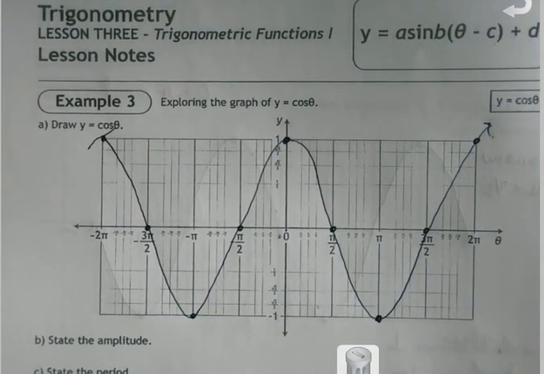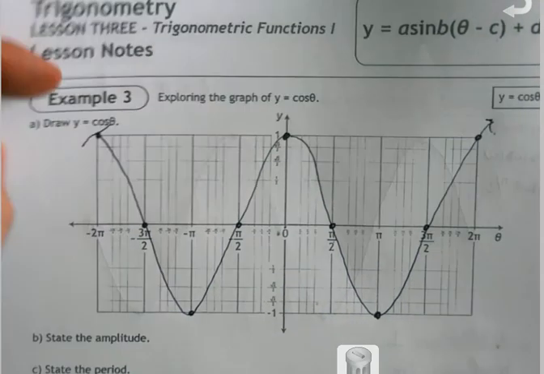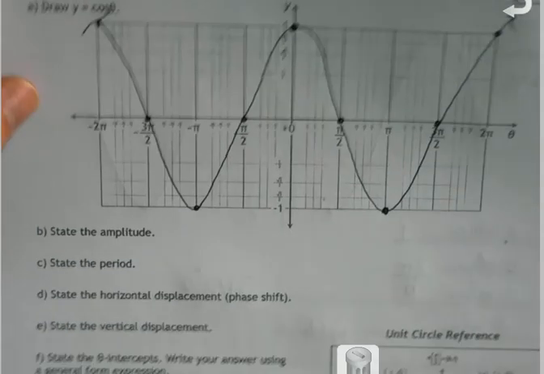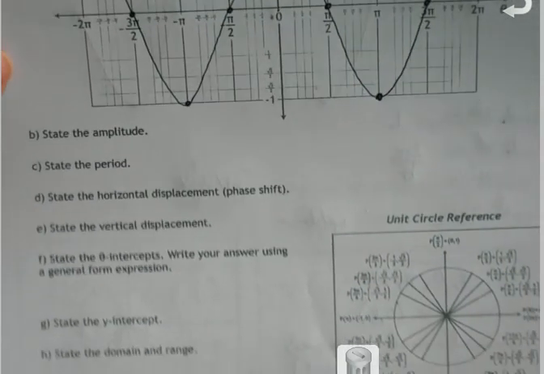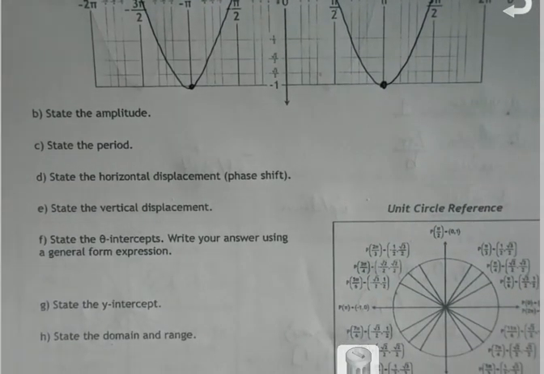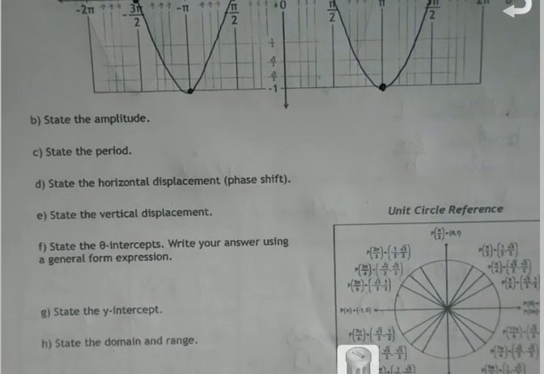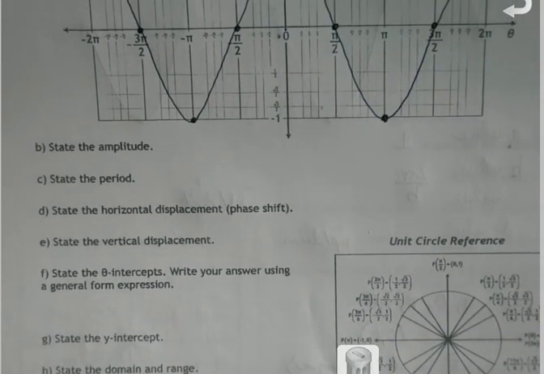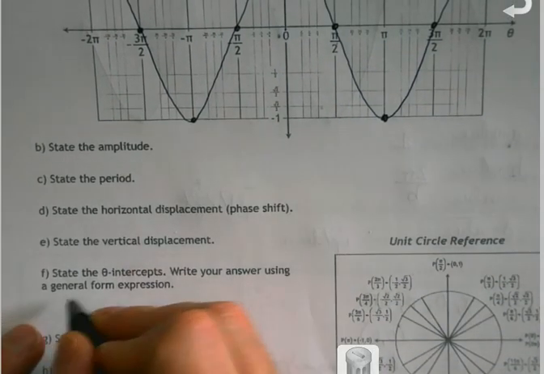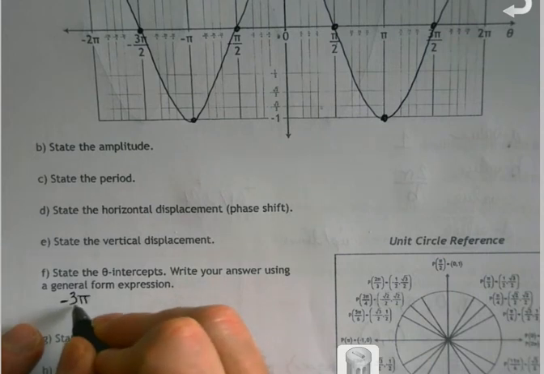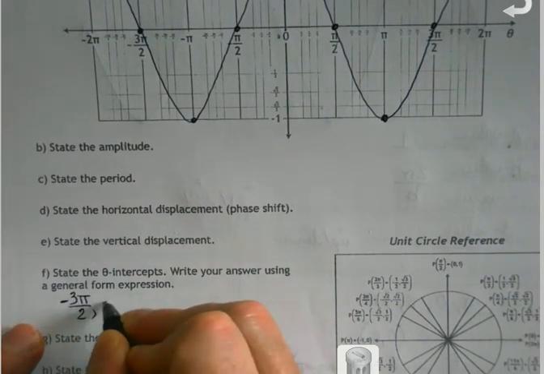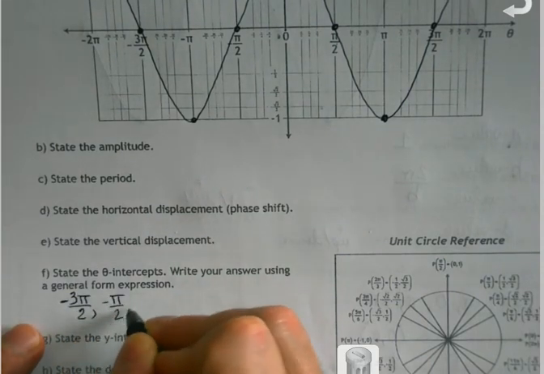Everything else below is going to be the same, except, let me scooch this down just a bit. Amplitude would be the same for the base, the period would be the same for the base, and so the shifts. But my theta intercepts are going to be different when I'm working with cosine, because they're all over 90 degrees from what the sine ones would be.